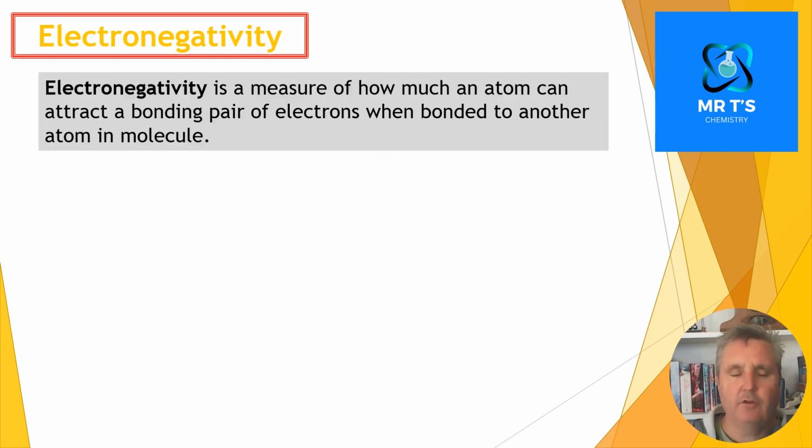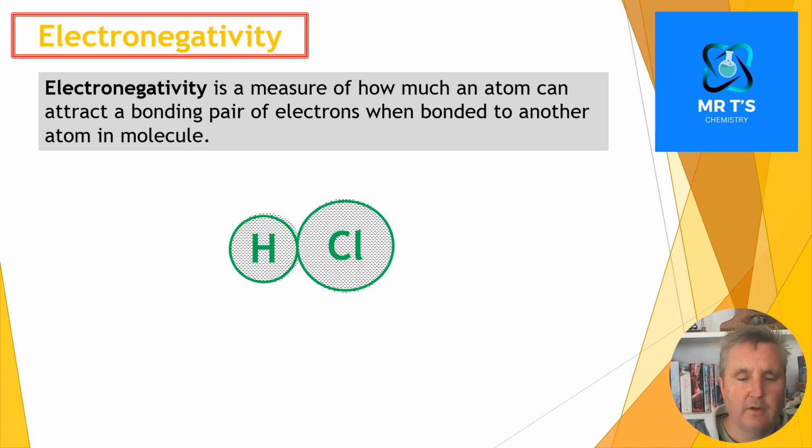So the first thing is electronegativity is a measure of how much the nucleus of an atom can attract a bonding pair of electrons when it's bonded to another atom in a molecule. So what do I mean by this? If we have two atoms bonded together, here's a hydrogen and a chlorine, they will share a pair of electrons between them.